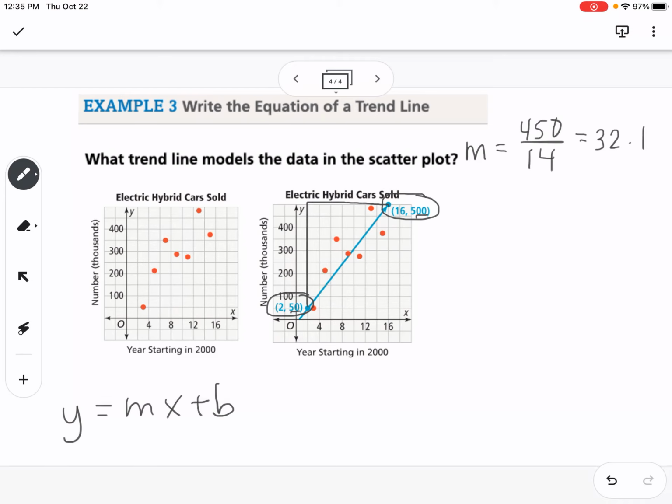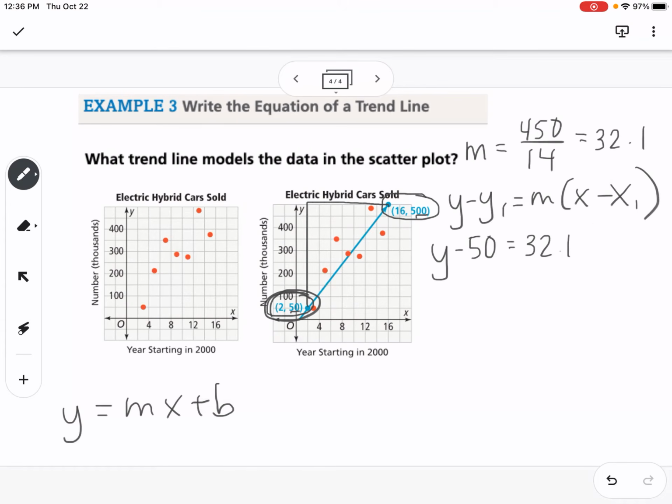Okay, so now I have a slope, and I have 2 points. So remember, when we have a point and a slope, point slope, y minus y1 equals m times x minus x1 is a good model to use. So I'm going to use the point 2, 50. I could use either one. And I'm going to say y minus 50 equals 32.1 times x minus 2.